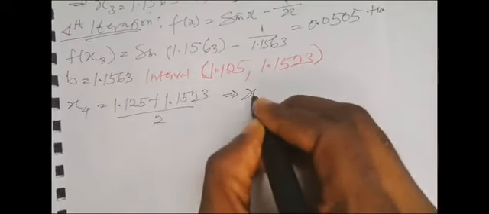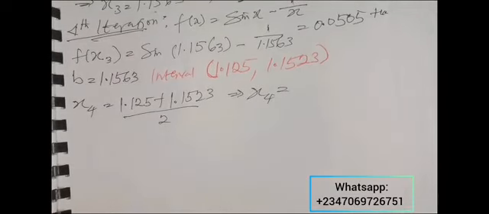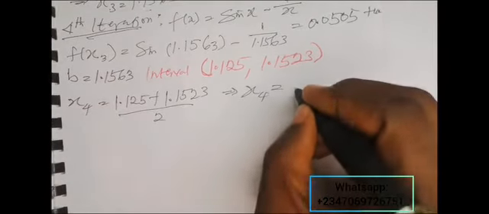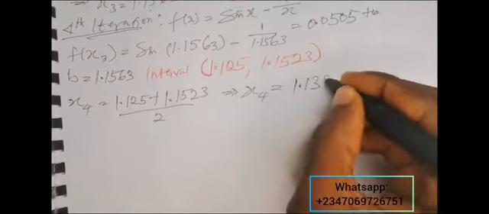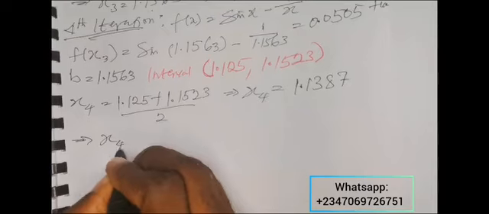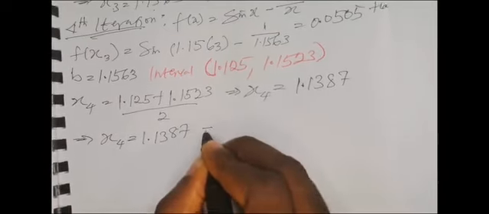So let's find this value: 1.125 plus 1.1563 divided by 2. So we have that to be 1.1387. So this simply implies s4 equals 1.1387.